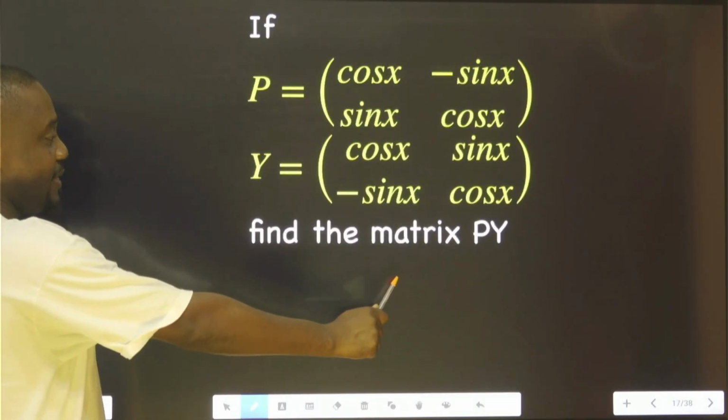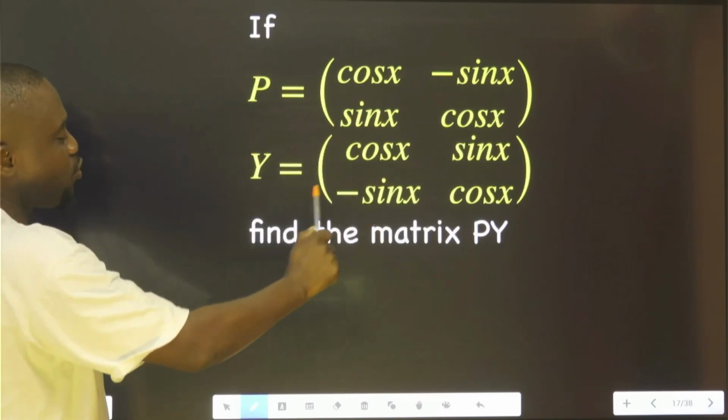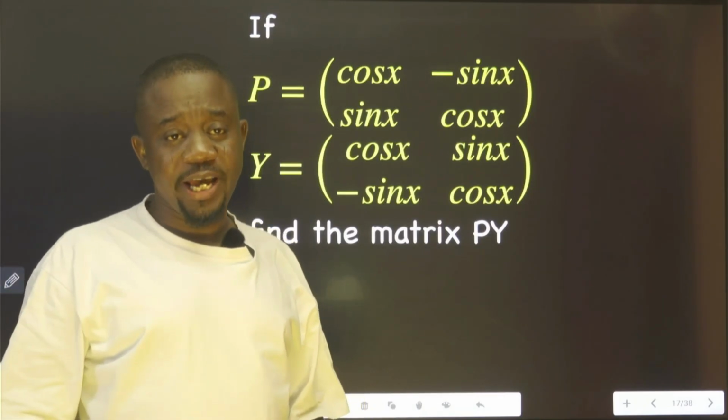Let's look at this. It says if P is equal to this and Y is equal to this, we should find the matrix PY. Okay?